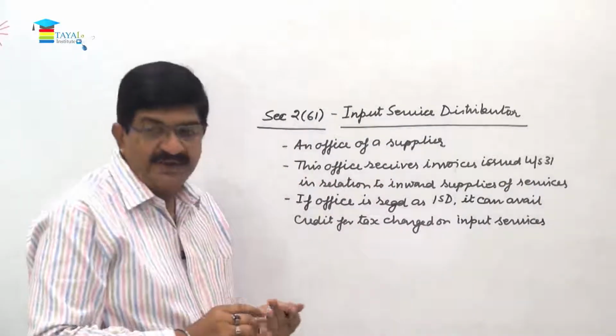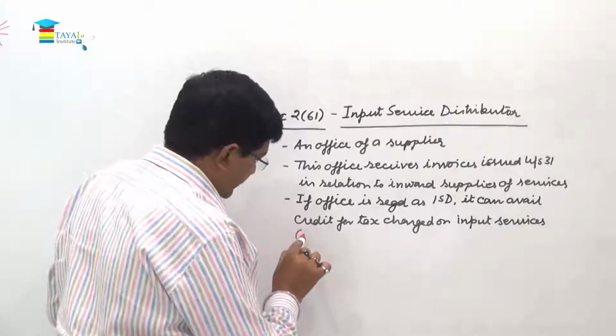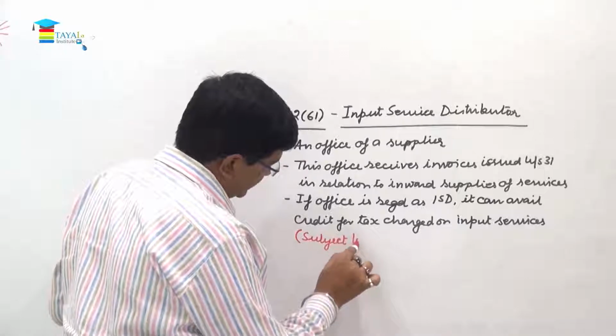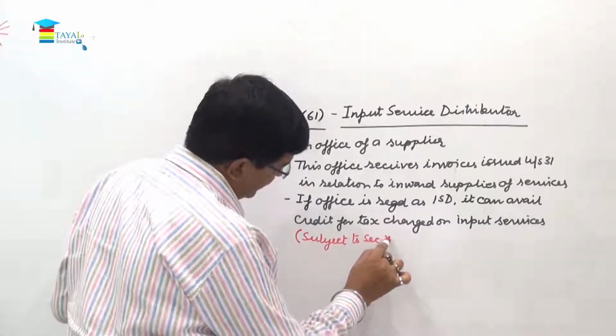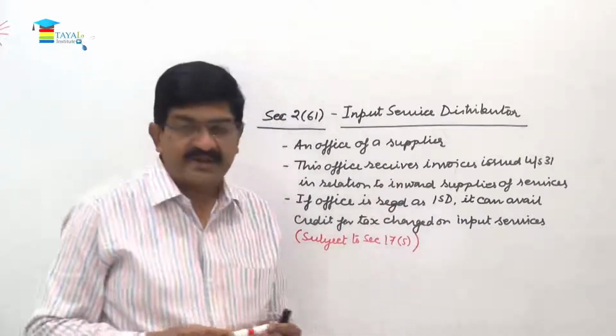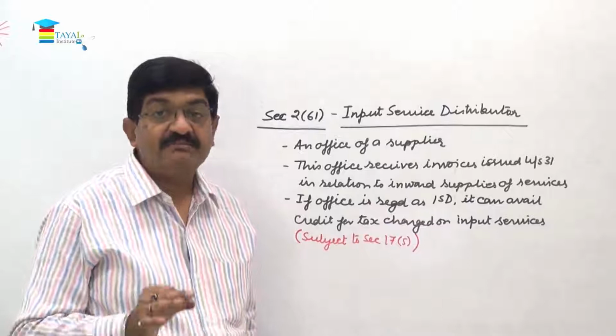But for availing the credit on input services, we have to remember that this is subject to section 17 subsection 5, which is talking about blocked credits. So credit cannot be availed in relation to services for which the credit is blocked.